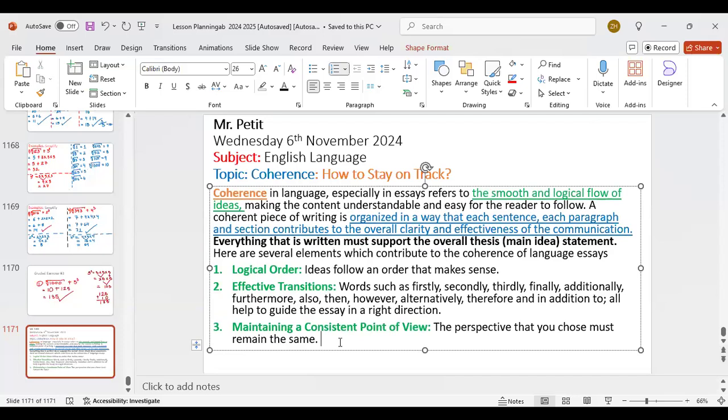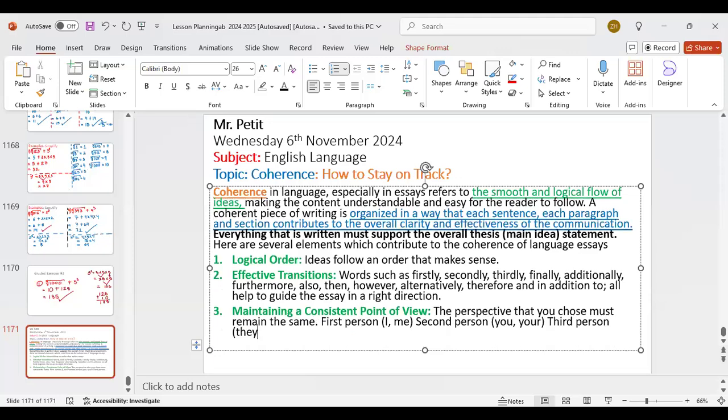So there are different types of point of view you could talk about. You could write in the first person, and when you write in the first person, you use words like I and me, right? Then you could write in the second person, and if you write in the second person, you could use words like you, your, and stuff like that. If you write in the third person, and I recommend that most times you write in the third person, that's just more formal.